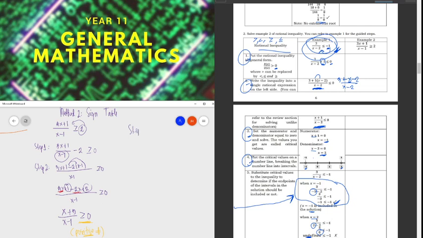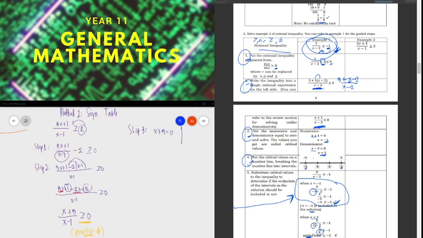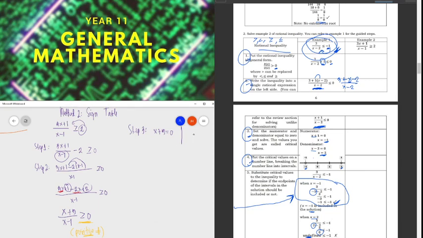In step 3, we're looking for critical values. So we have x + 3 equals 0 and x - 1 equals 0. So we have x equals negative 3 and x equals 1. And we are now going to make our number line: 0, 1, 2, 3, and negative 1, negative 2, negative 3.